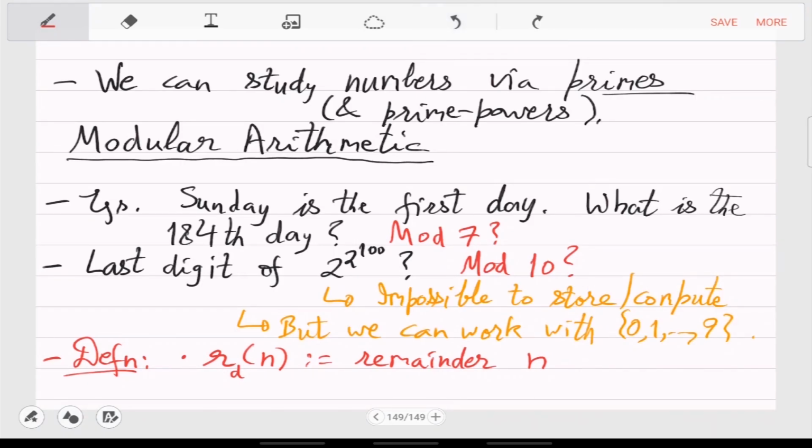So n divided by d, remainder. Okay, so divide n by d, and then whatever is the remainder, that is what this function gives you. So for example, here you are interested in the remainder of n when you divide by 10, where n is this large number.